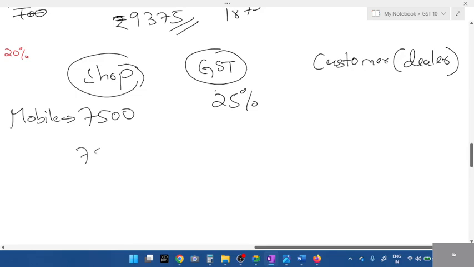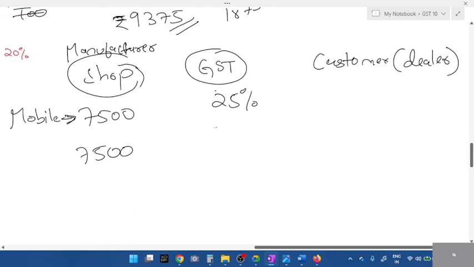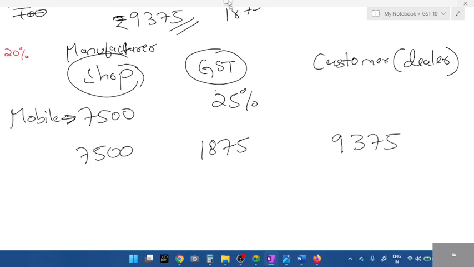Now, 7,500 is the shopkeeper's amount. Okay, shopkeeper or the manufacturer. You can also call it manufacturer. GST is 25%. What's the GST amount we got? 1,875. And what's the total cost price the customer has to pay? 9,375. So you can't directly pay this 1,875 to the government.